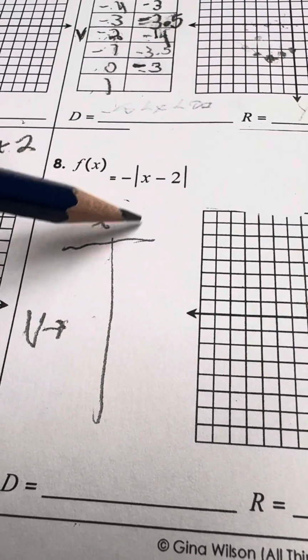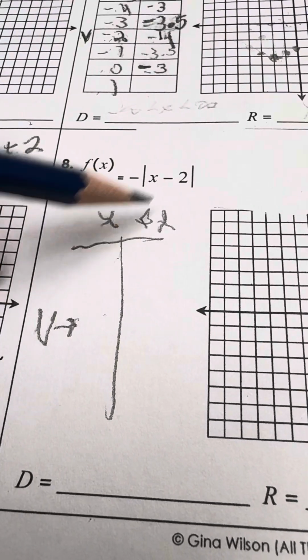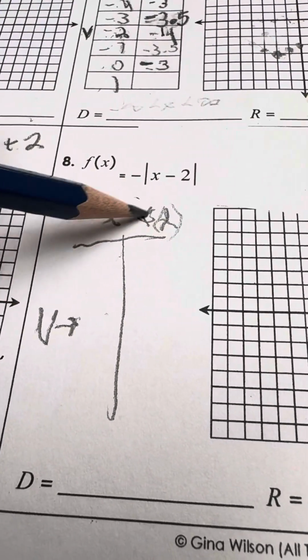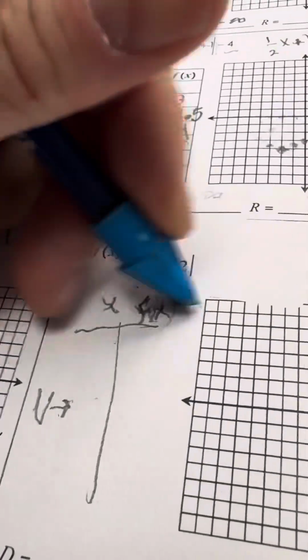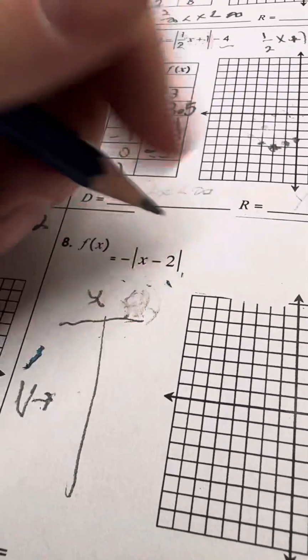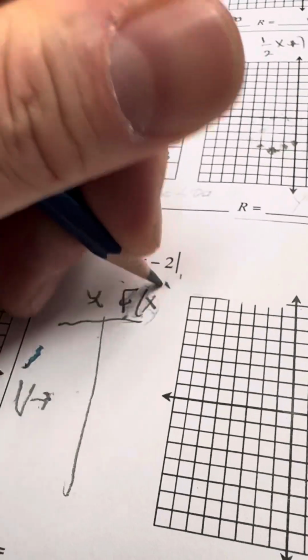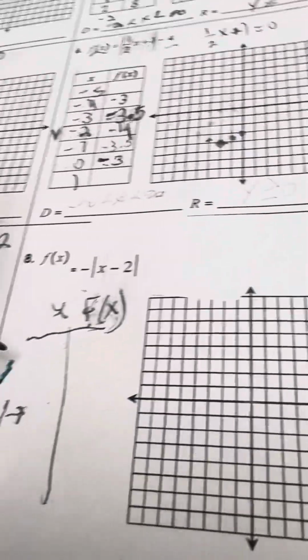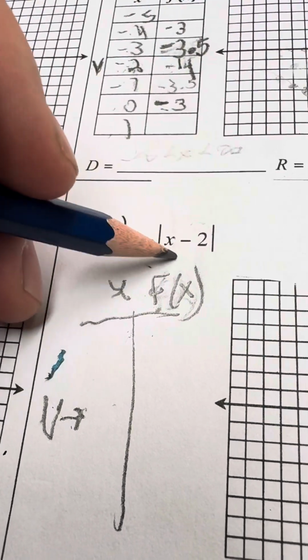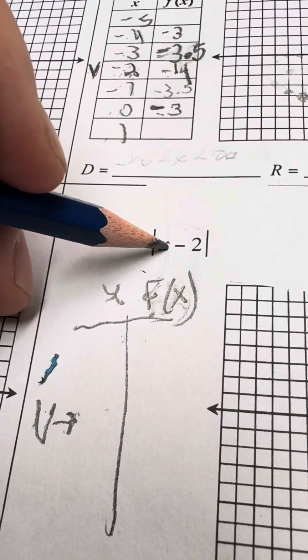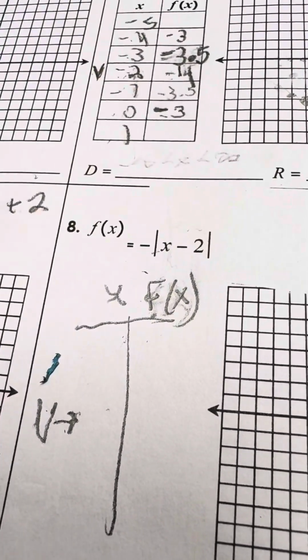My x, my f(x), oh sorry, that's my f(x). You can't really see it very well. Let me try again. Now my f(x), okay. So, to get my vertex again, let's see how we can make this equal 0. I think if I put a 2 for x, 2 take away 2, gone.